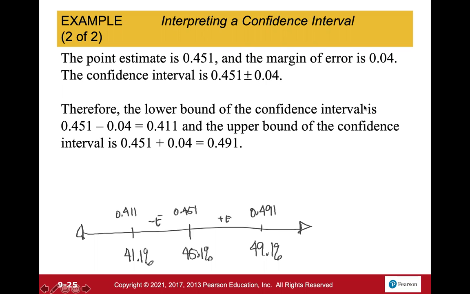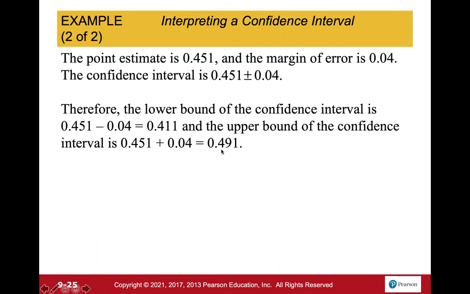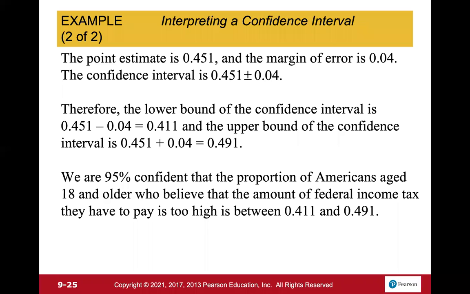Therefore, the lower bound of the confidence interval is 0.411. The upper bound of the confidence interval is 0.491. So again, we could say that we are 95% confident that the proportion of Americans aged 18 and older who believe that the amount of federal income tax they have to pay is too high is between 41.1% and 49.1%.